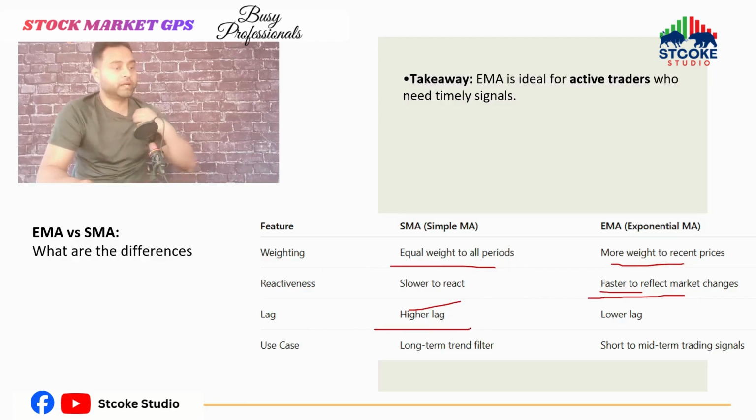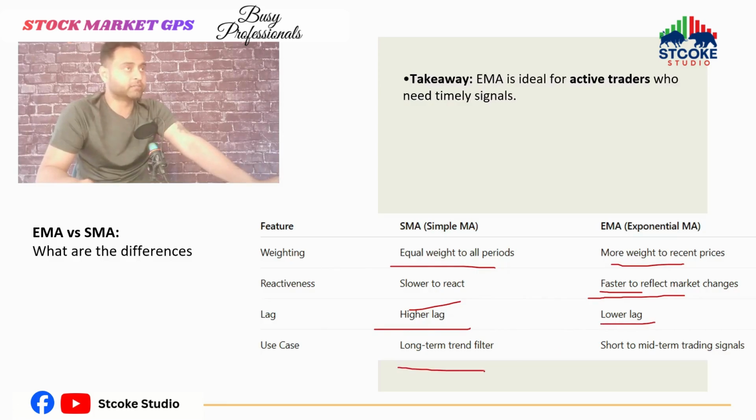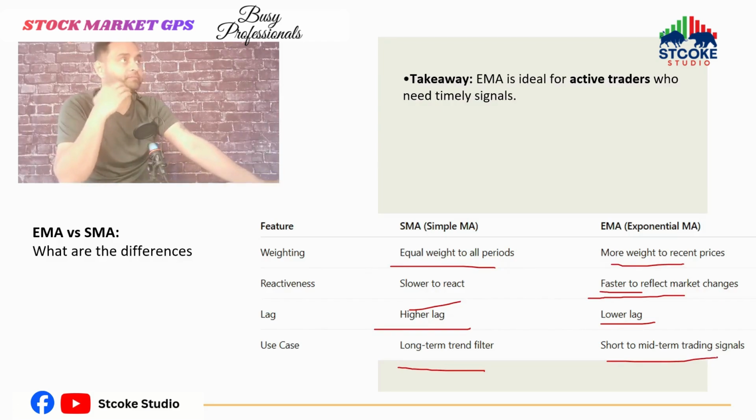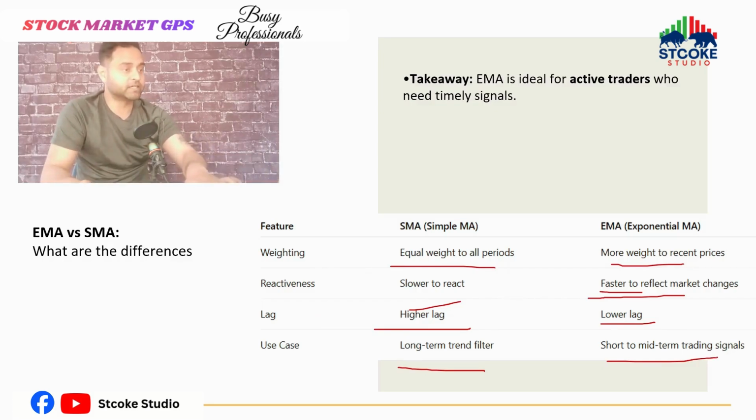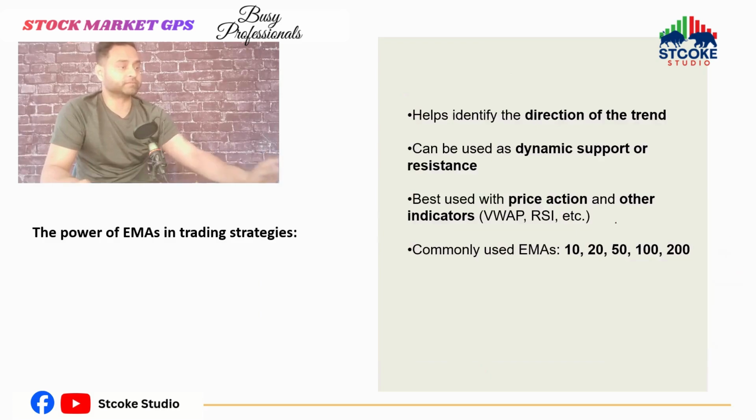It will take a directional move much slower than the price, while the EMA has a lower lag. So SMA can only be used for a long-term indication setup. It will not be very responsive to short-term movements, while EMA solves this problem. So in our trading charts, we will actually use EMA and not SMA, and we will use 2 EMAs, 10 and 20, and we will discuss why we will use 2 EMAs.